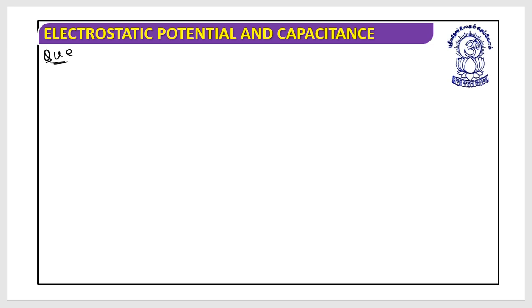Now the question is this. Suppose the initial system looks like this: this is q, this is q, this is q.